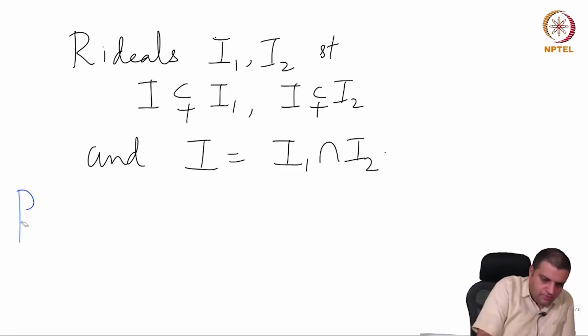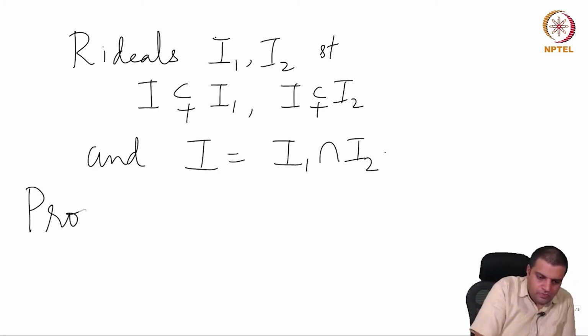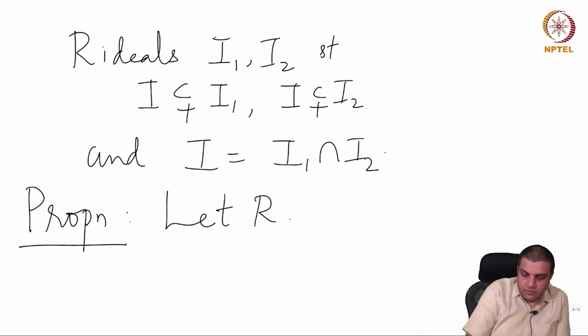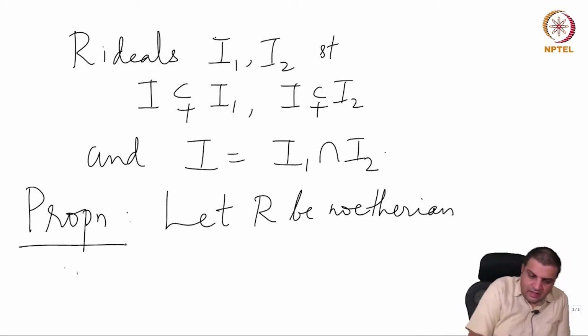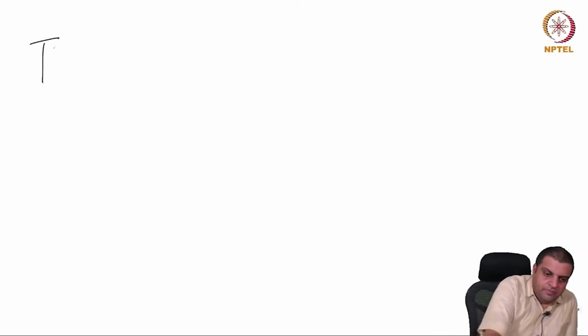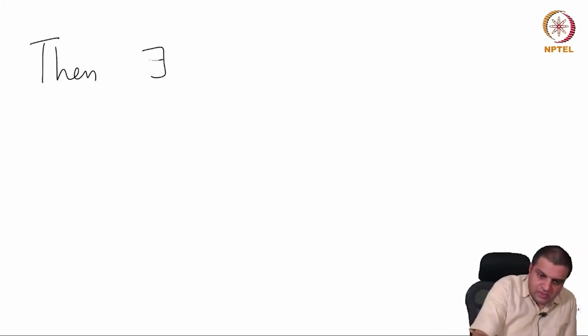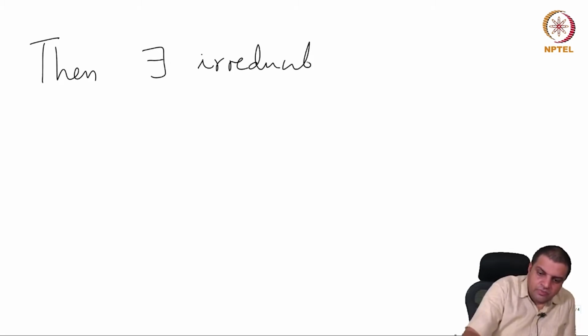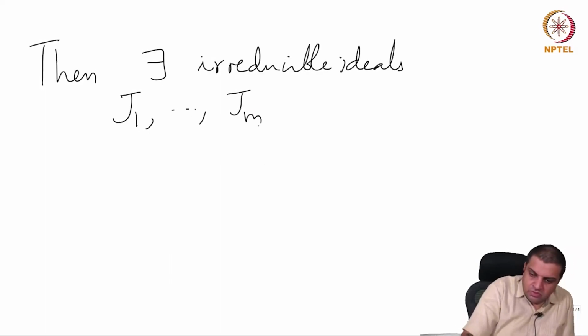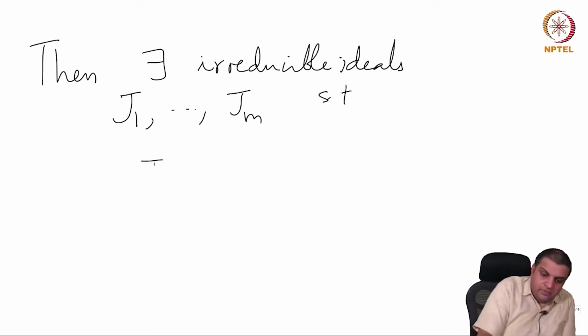So here is a proposition. Let R be a Noetherian ring and I an R ideal. Then there exist irreducible ideals J1, so finitely many irreducible ideals, Jm such that I is the intersection of them.